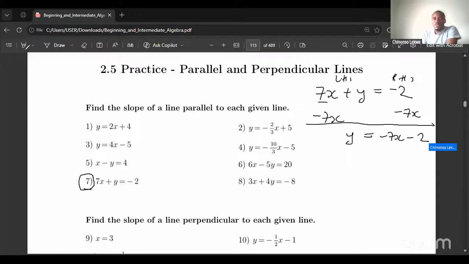So I have set this equation in the slope intercept form, and therefore I can tell that the slope of the line that is parallel to this line would definitely be -7, given that the slope of this line is -7. From the definition and by the explanation that Mr. Michael gave us, when two lines are parallel, they have the same slope. So our solution is therefore -7.